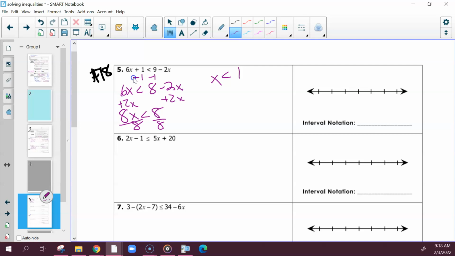So that would be an open circle at 1, going to the left. What would our interval notation be?